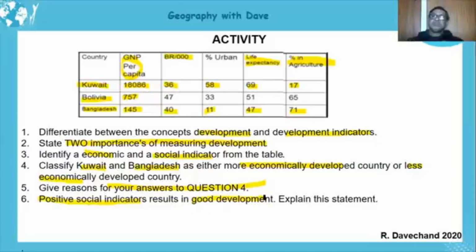So when I talk about positive social indicators, if they are good, like for instance GNP per capita is high, the life expectancy is good, or even the literacy rate is good, which tells you they have lots of skills and they're living a better quality of life, therefore they'll be more productive, there'll be more technology in industrial areas, there'll be a higher level of industrialization with all the skills, resulting in good development.